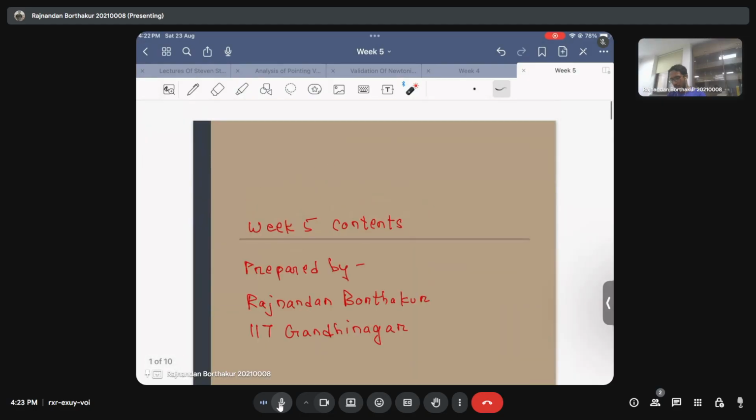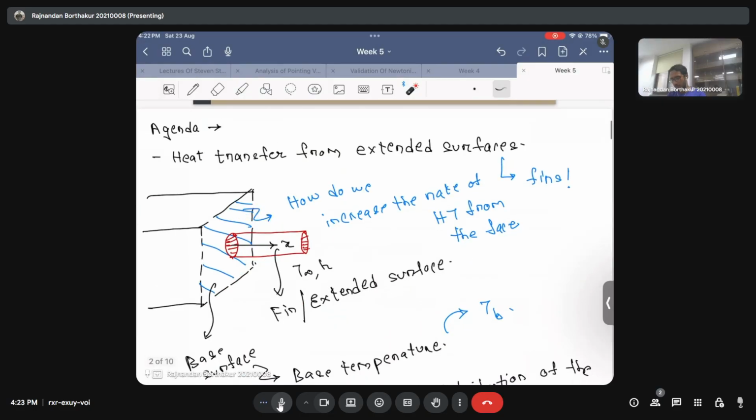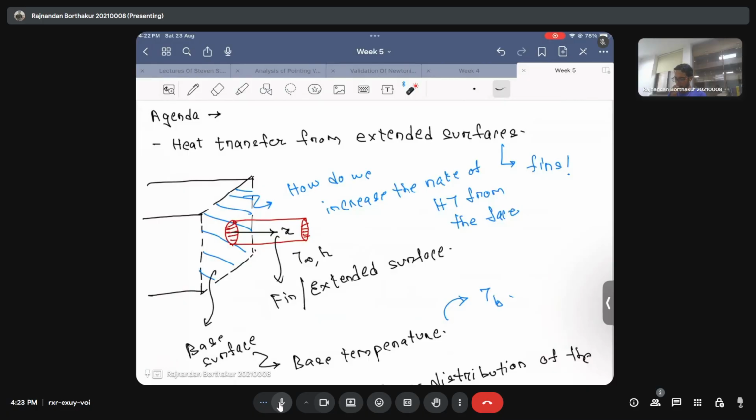We began by trying to understand heat transfer from extended surfaces. The reason why we usually look for extended surfaces is that we want to maximize the heat transfer, let's say from a wall or a slab.